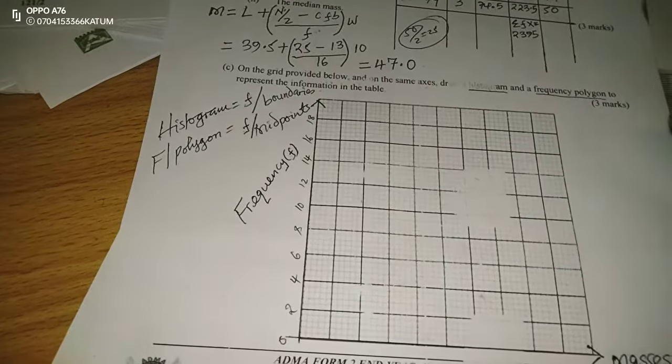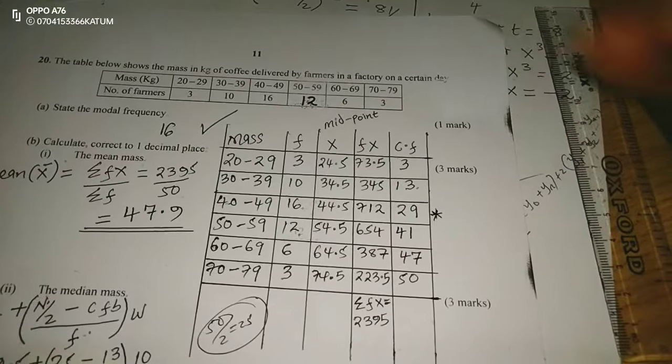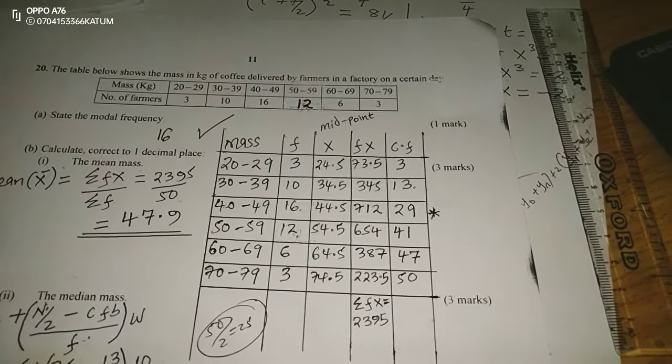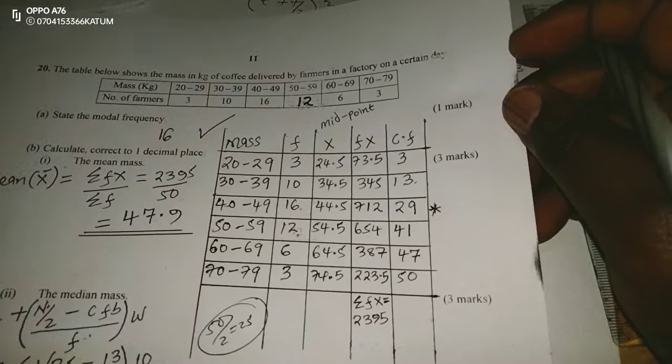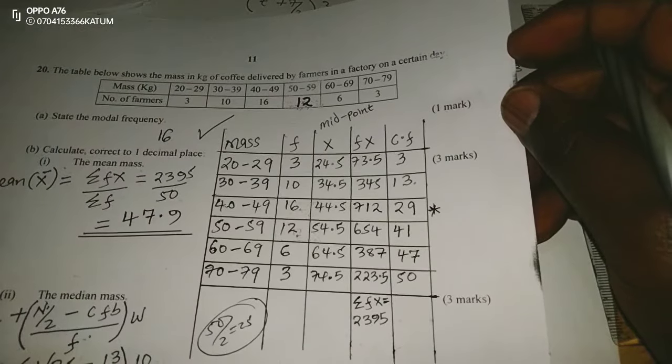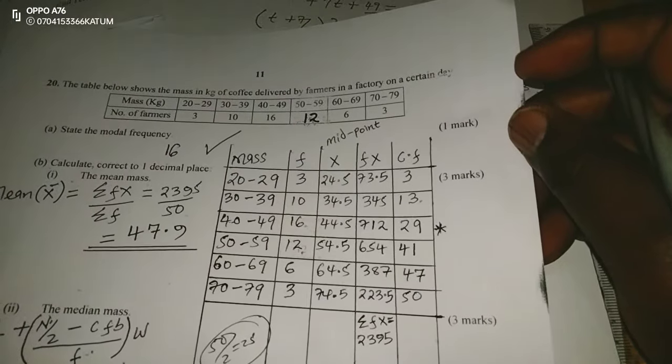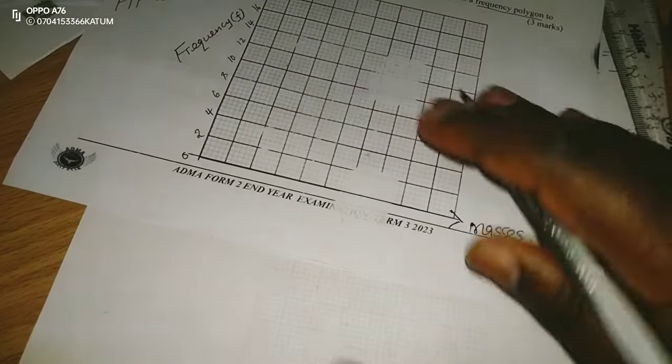Such a scale. And on the other side now, because the data is beginning from 20, I will start with the least class boundary, which is 19.5. So it becomes the first value here, 19.5.